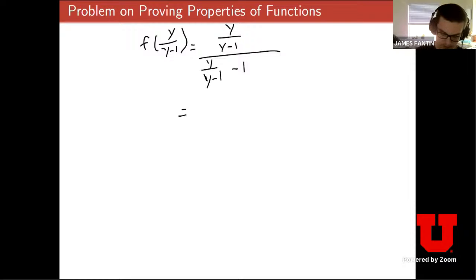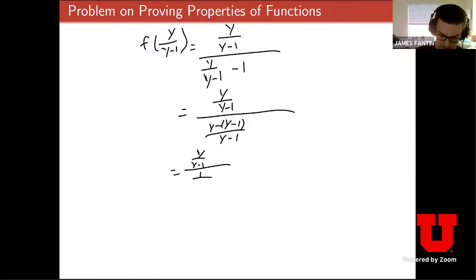And then if we do common denominator here, then we'll end up with y minus 1 over y minus 1. And that'll be equal to y over y minus 1 over y minus y. That's just 0. So we end up with a positive 1 over y minus 1.